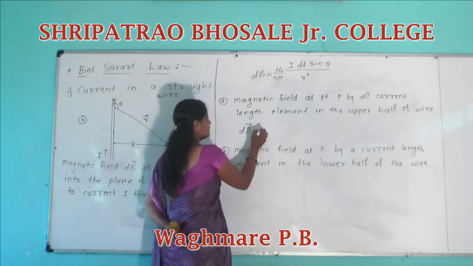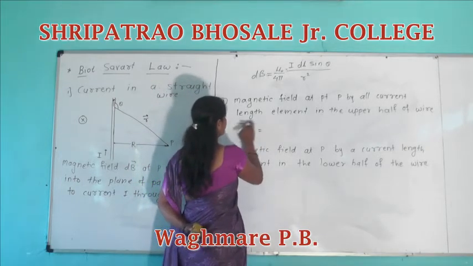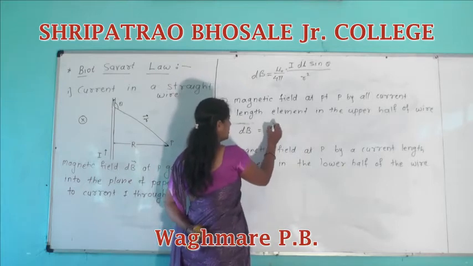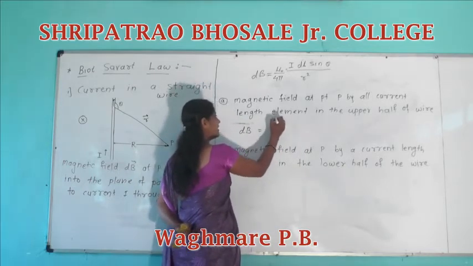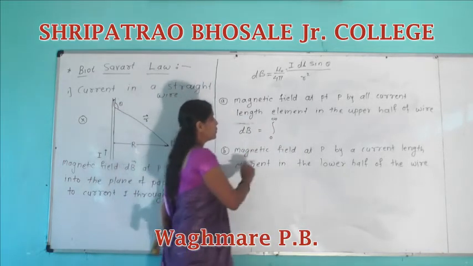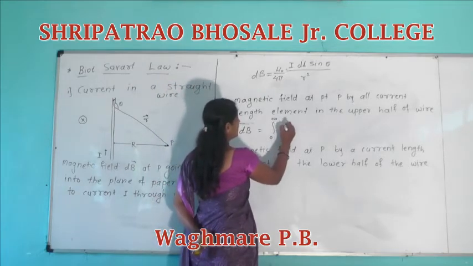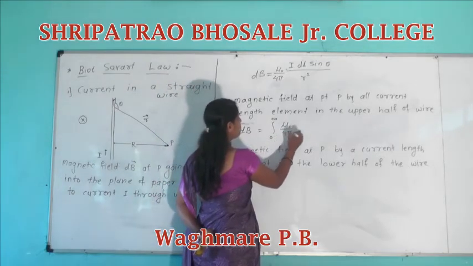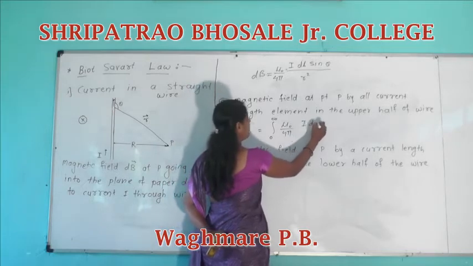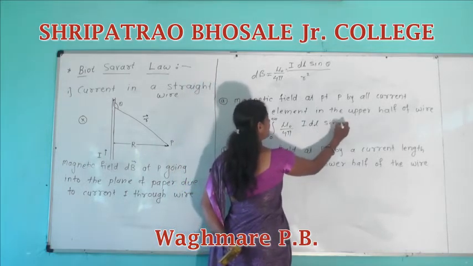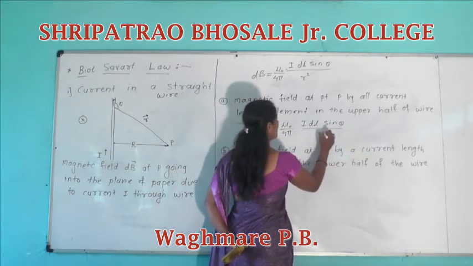dB is equal to the integration in limit 0 to infinity of mu 0 upon 4 pi I dl sin theta upon r square.